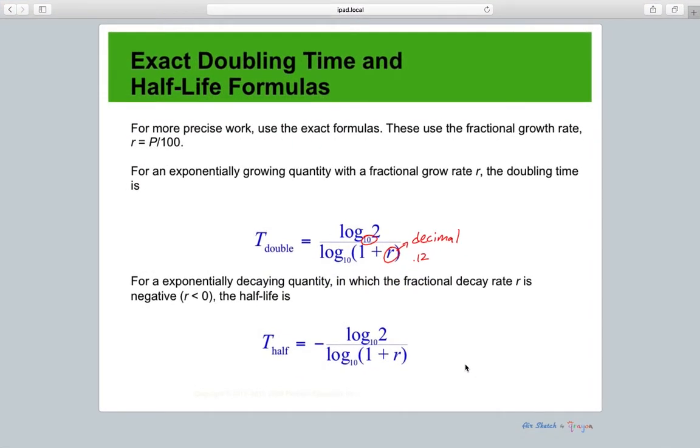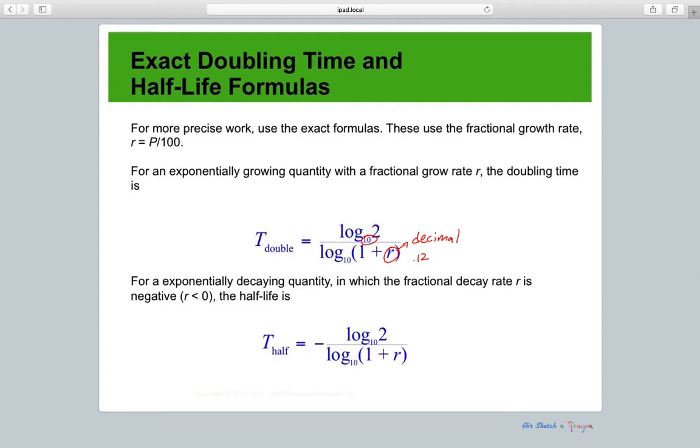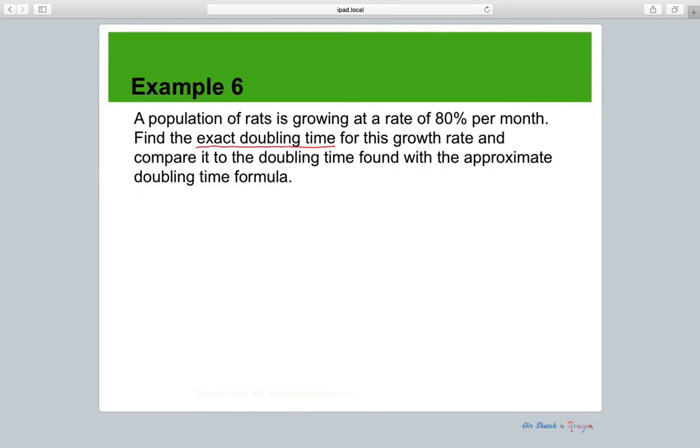So let's check a quick example using those formulas. So a population of rats is growing at a rate of 80% per month. Find the exact doubling time for this growth rate and compare it to the doubling time found with the approximate doubling formula. All right, so we're going to use this formula for the exact doubling time. So in our case, R equals 0.8.